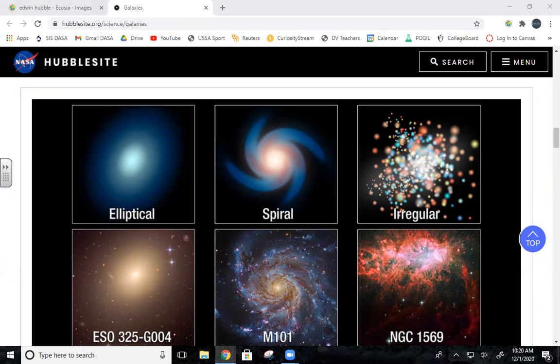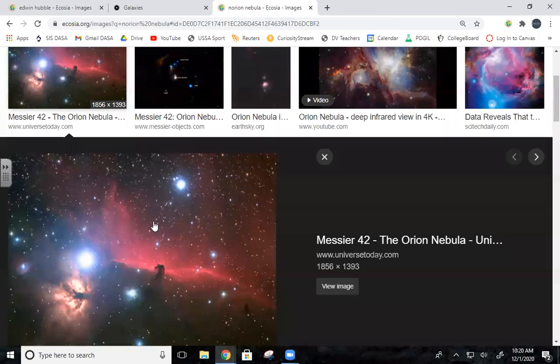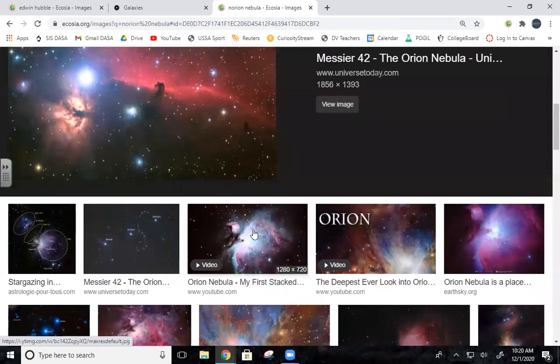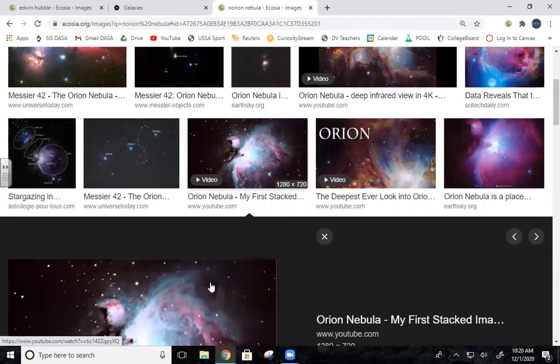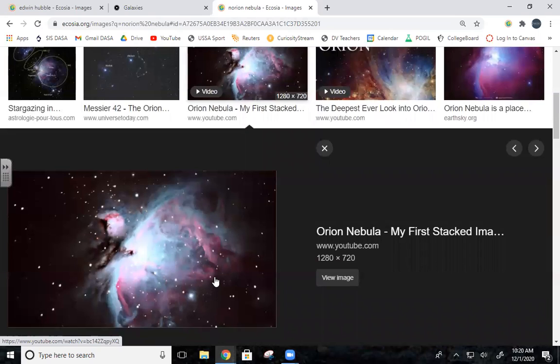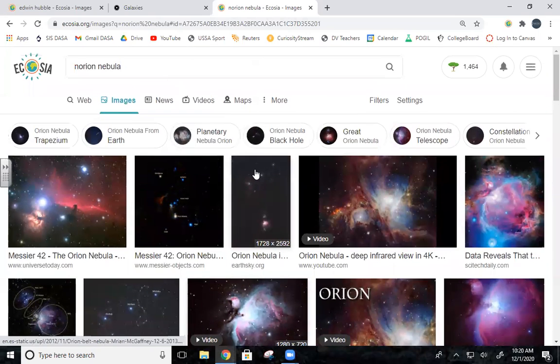They look like this. They're these gas and dust clouds out in space that form stars. The Orion Nebula. All right, so this nebula is in Orion.